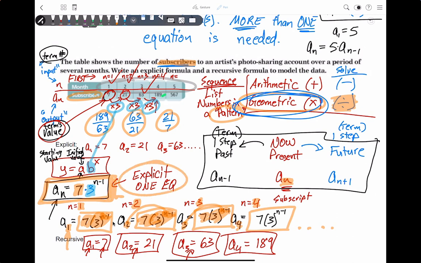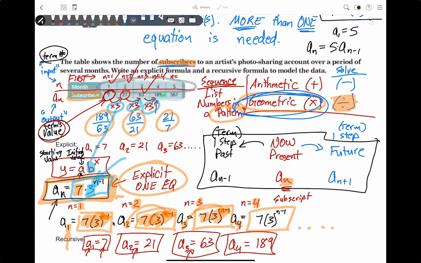That means if I wanted to know the 100th term, well, then just plug in 100 right here where n is at. If I want to know the 1,000th term, plug in 1,000 and see what this will spit out. That's your 1,000th term. That's how you're looking at these subscripts of n in the interpretation of the explicit formula.